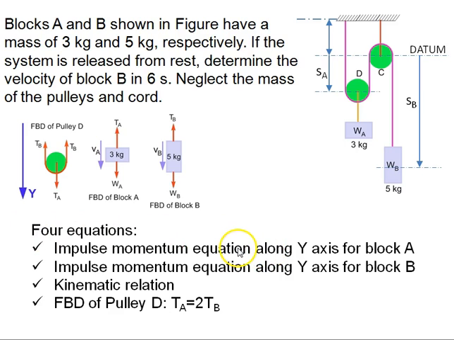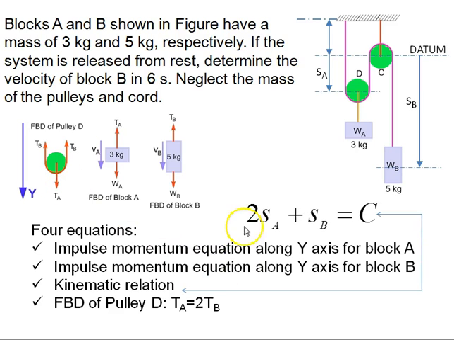Those four equations are PLIM for block A along the y-axis, PLIM for block B along the y-axis, there is a kinematic relation, we'll see what it is in a minute, and then FBD of pulley D. This kinematic equation is 2SA plus SB is equal to constant. We'll see in a second how we obtained this.